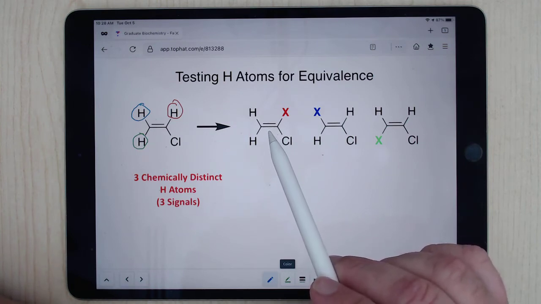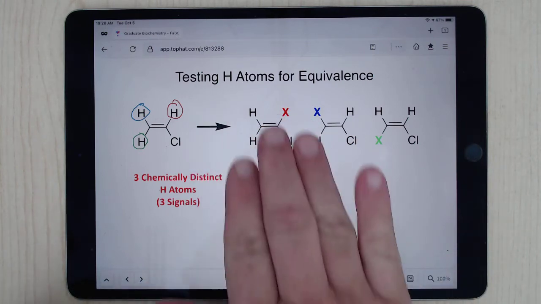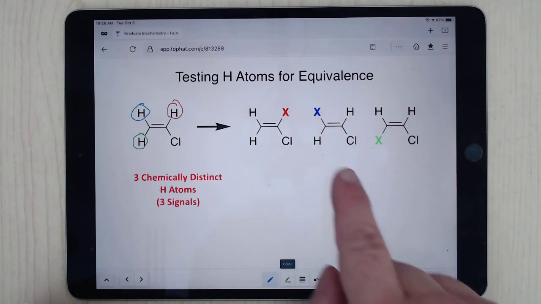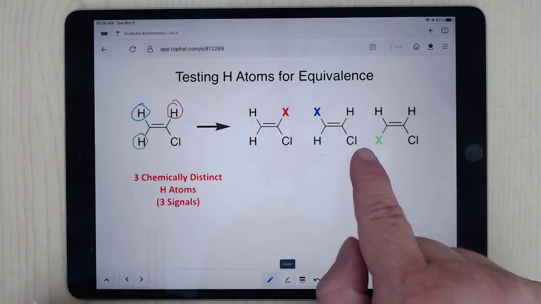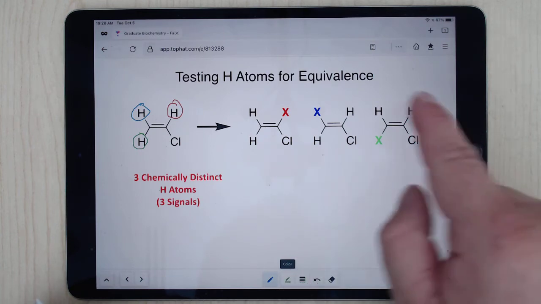It's locked into place. So if I were to flip it over to get the X in the correct position, then the chlorine would be over here instead of over here.